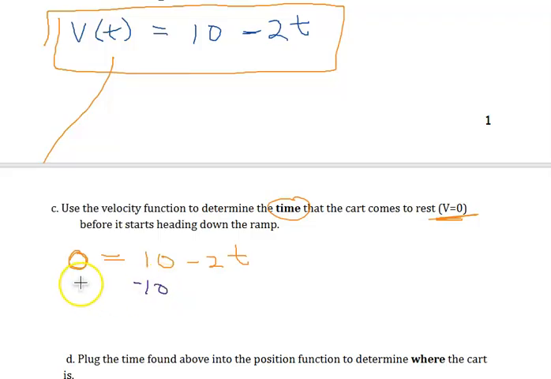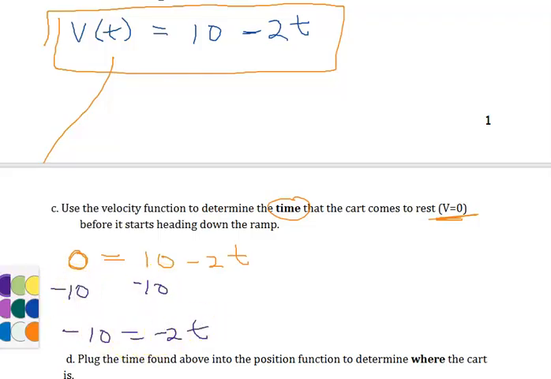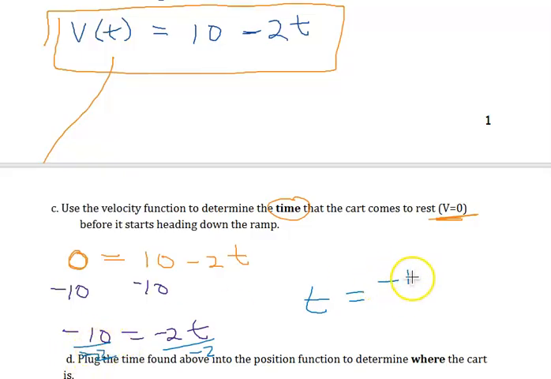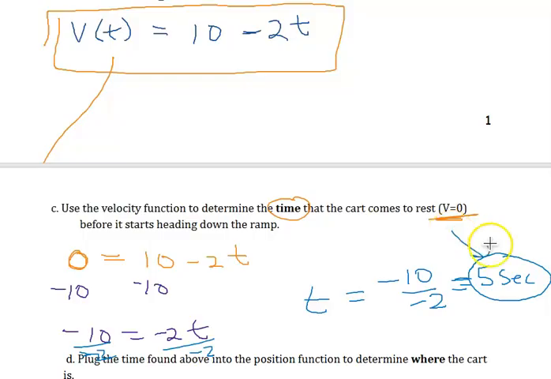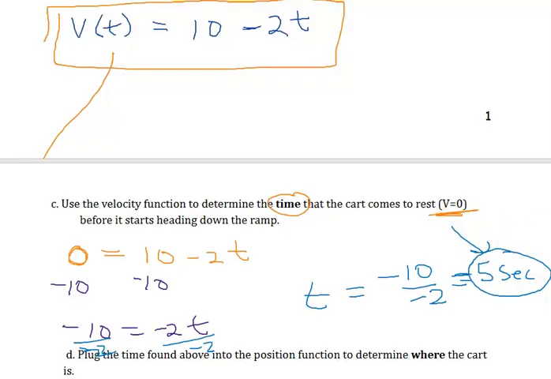So let's subtract 10 from both sides, and then let's divide both sides by minus 2. So t equals minus 10 over minus 2, which is great because we know it happened in a positive time. So it took 5 seconds for the cart to come to rest.